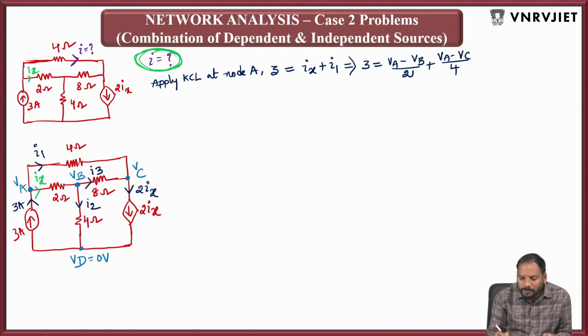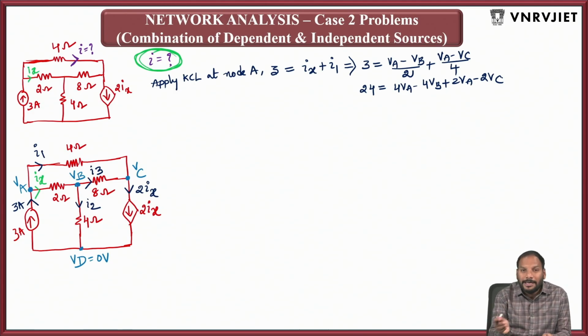Now this equation we will multiply with 8. What will happen? 24 is equal to 4VA minus 4VB plus 2VA minus 2VC. This is the best way, taking LCM and cross multiplication. So instead of doing that, directly multiply the entire equation with 8, because 8 is the LCM of 2 and 4.